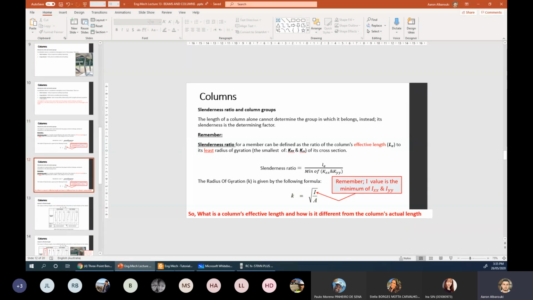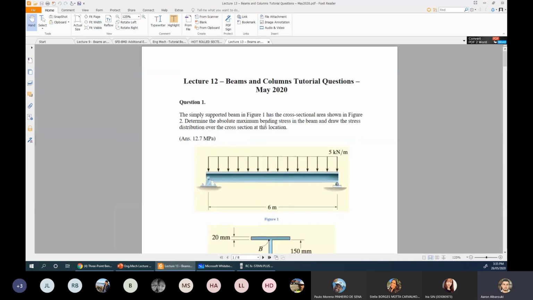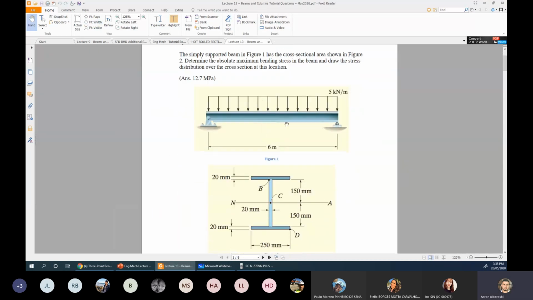All good? I do have some examples for you to practice for beams. So we've got a few examples.